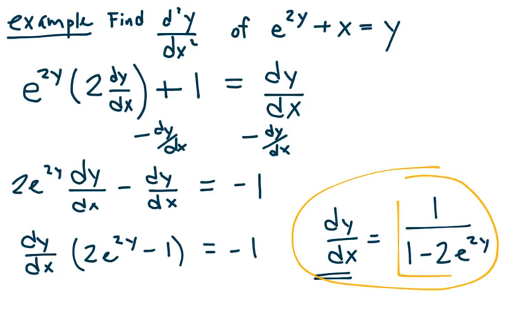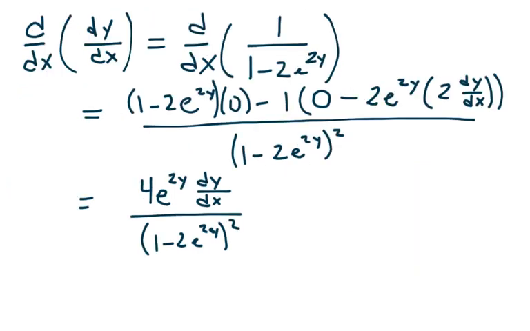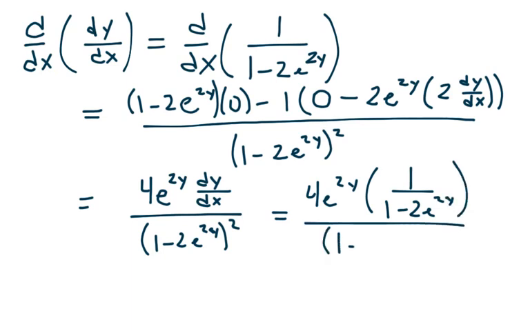So let's just plug 1 over 1 minus 2e to the 2y into our solution, and we'll have our final answer for the second derivative, which is 4e to the 2y times this 1 over 1 minus 2e to the 2y, all over 1 minus 2e to the 2y, the quantity squared. And we can make it look a little nicer and write it as 4 times e to the 2y divided by this whole quantity cubed.